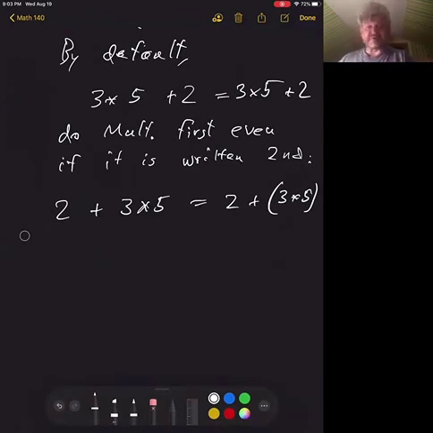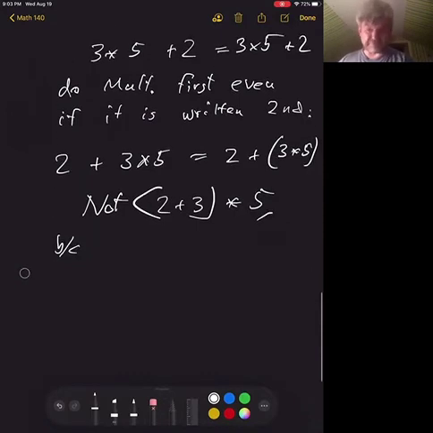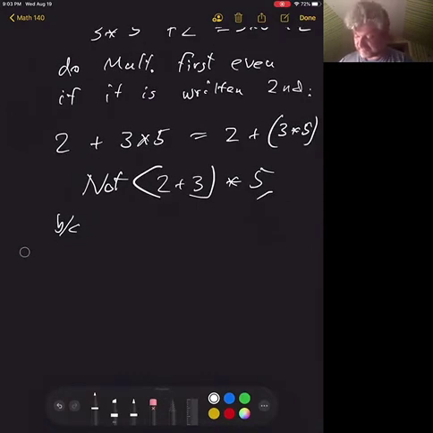You've got to do the multiplication first, and you come up with a different answer than if you did (2 plus 3) times 5, because multiplication has priority over addition.